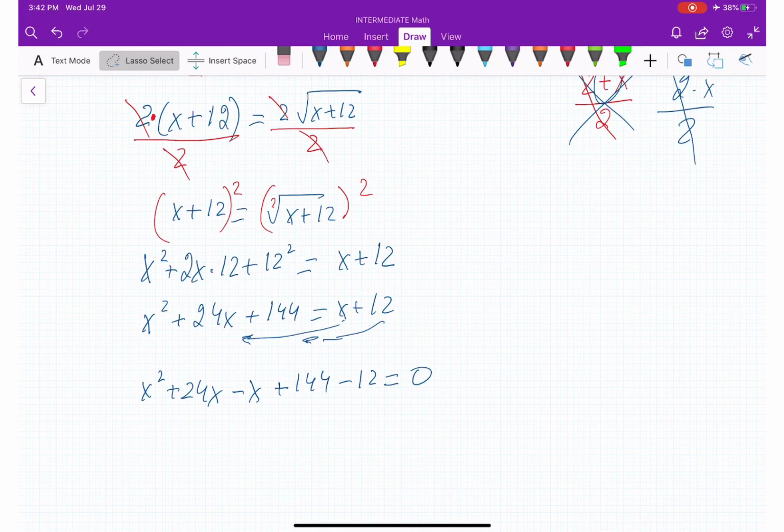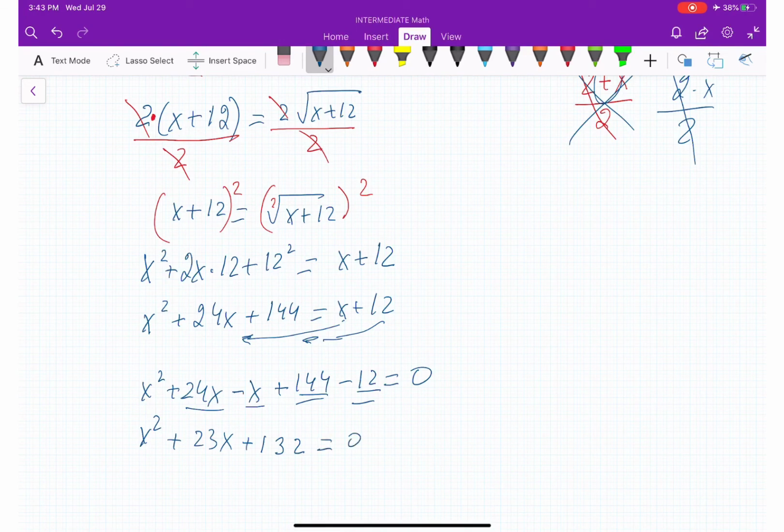So let's combine like terms. X squared plus 23x and these 2, it's going to be 100 plus 132. Okay, it's going to be 132. That's interesting.